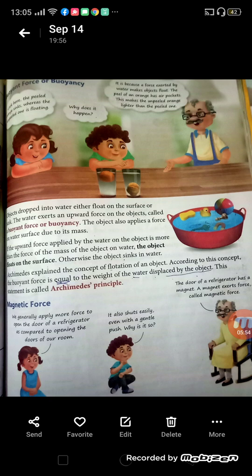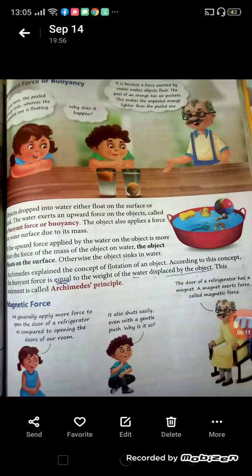This statement is called Archimedes' principle. So, you have to do this activity. If you can make a video while doing this activity, that is very good. Prepare the video and send it to me.